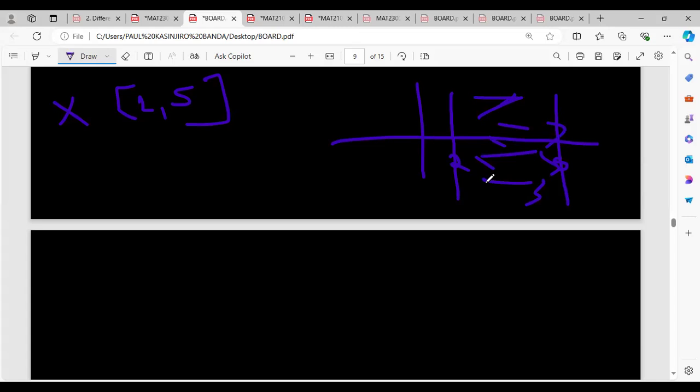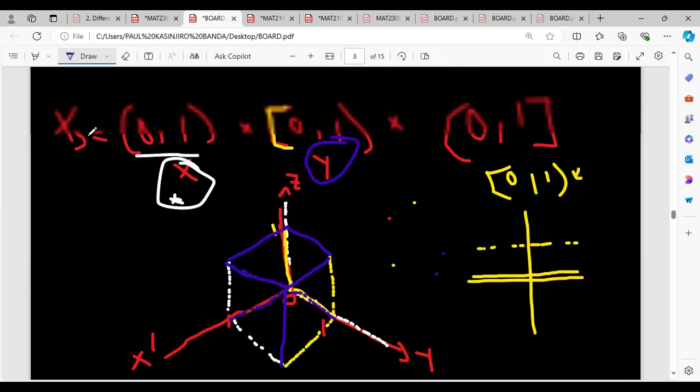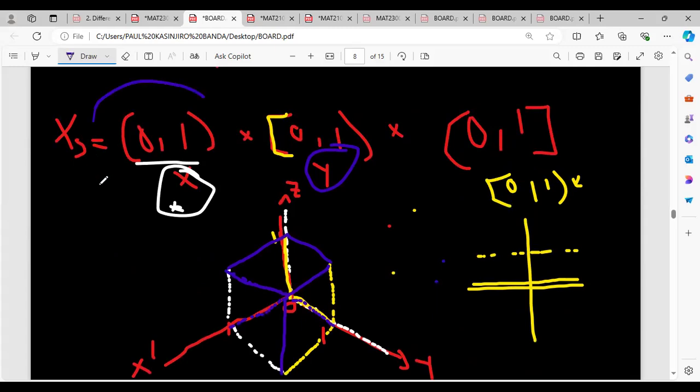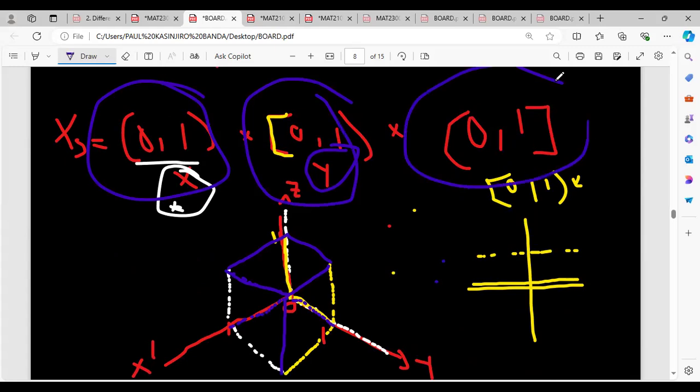Now, this means that if I have an interval in the x coordinates, I'm drawing lines that are parallel to the other coordinates, right? So now we had the 3 coordinates. We had 3 intervals, I mean. We had an interval in the x, an interval in the y, and an interval in the z.